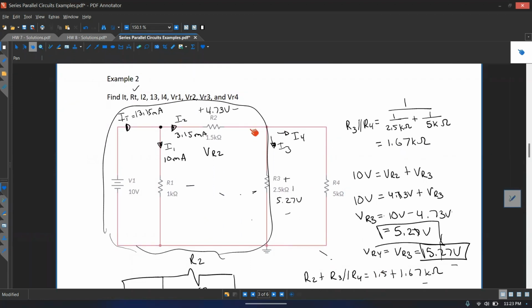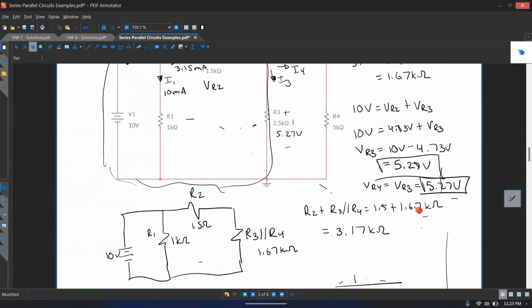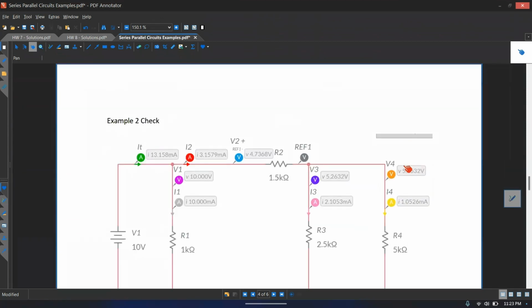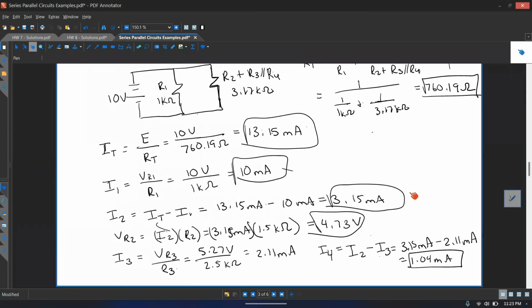So what that means is when I2 gets to this junction right here, the majority of the current is going to follow the path of least resistance. And in this case, the least resistance is the 2.5 kilo ohms. So that's another quick little check that you can make to see whether or not your calculations actually make sense. So that's it for example 2. I'll see you on the next one.